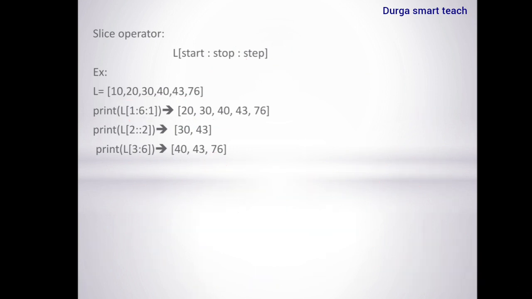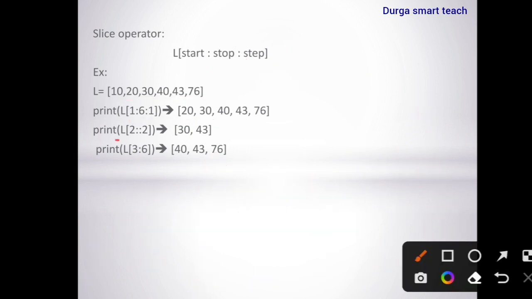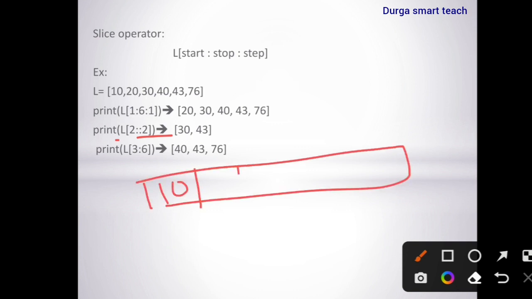Next example. Here it contains 10, 20, 30, 40, 43 and 76. Next I am giving starting but middle is empty. That means end is not there.